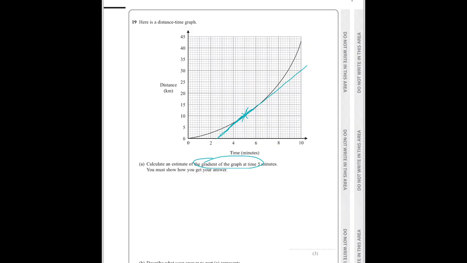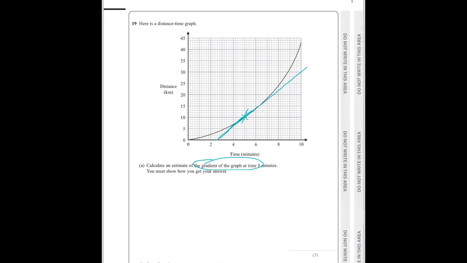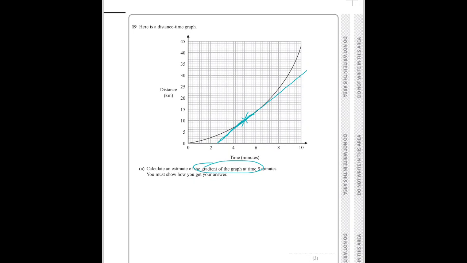So now you can pick any 2 points on that tangent you've drawn. I'm going to go with this point here. It looks nice. And let's go here. That looks nice as well. And we do rise over run, right? So gradient is usually this formula here, y1 minus y2 over x1 minus x2.